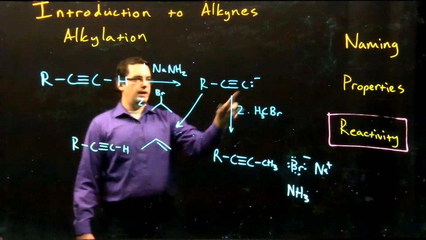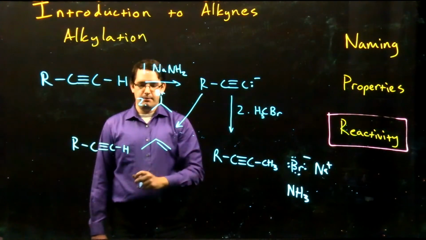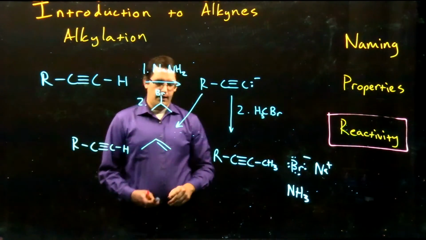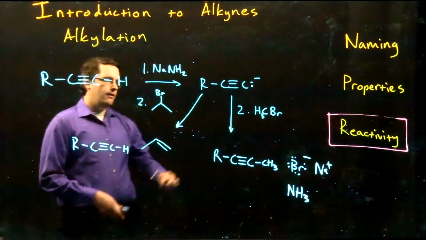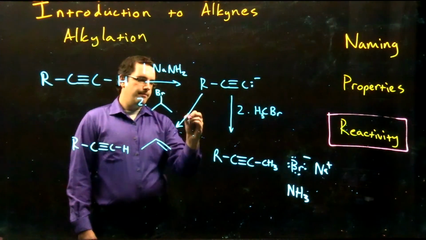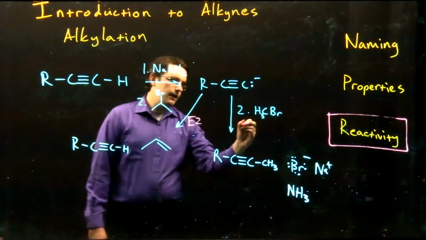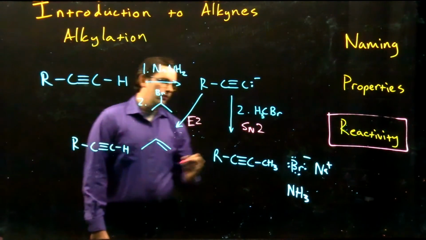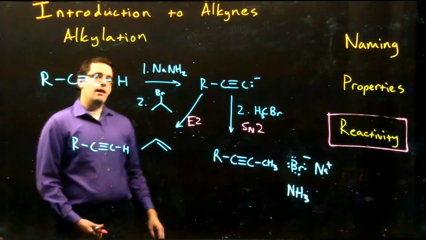Right, so the alkyne would be taking that beta hydrogen and eliminating your bromine to make your alkene. So generally we're going to be trying to avoid the E2 pathway, and we're going to be emphasizing our SN2 pathway over here in order to produce our alkylated product.